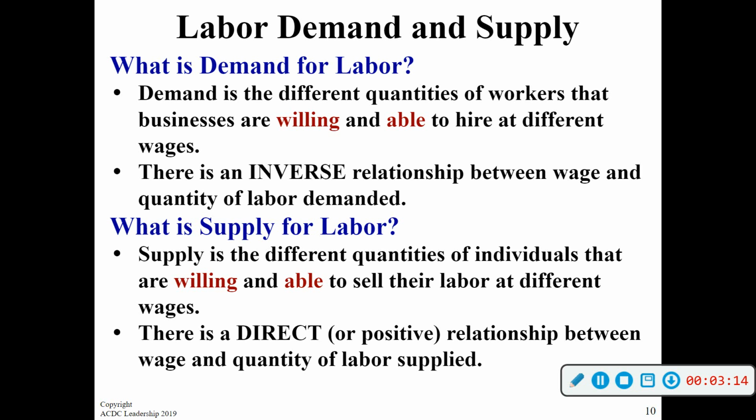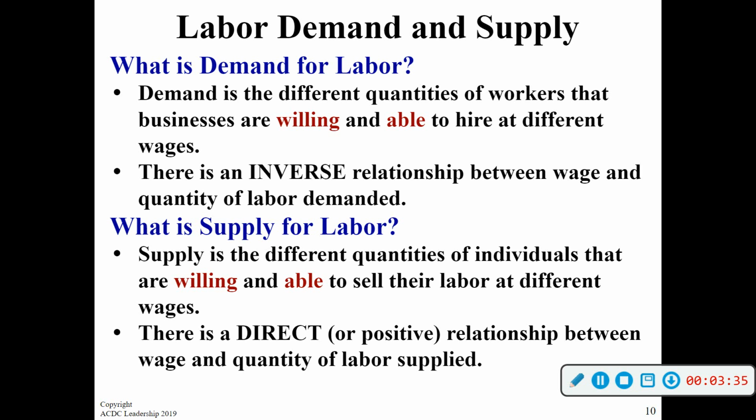It's still an inverse relationship, that if the wage goes down that they have to pay the workers, then they're going to be willing to hire more workers. If the wage goes up, and we're going to talk about minimum wage here in a minute and how that affects the markets, but if the wage goes up, then the quantity demanded goes down. That same inverse relationship exists for the business as it did for the individual in the product market.